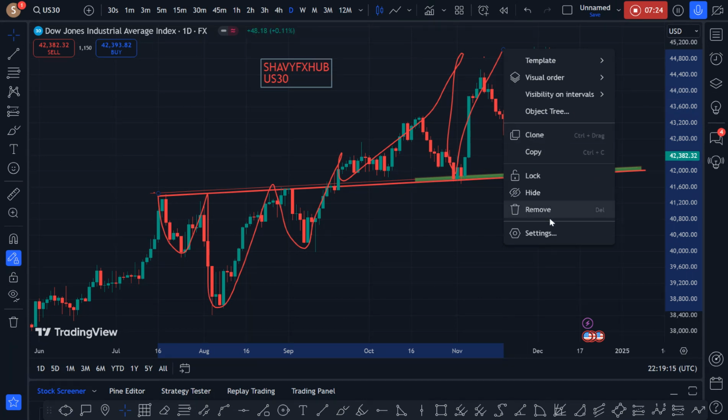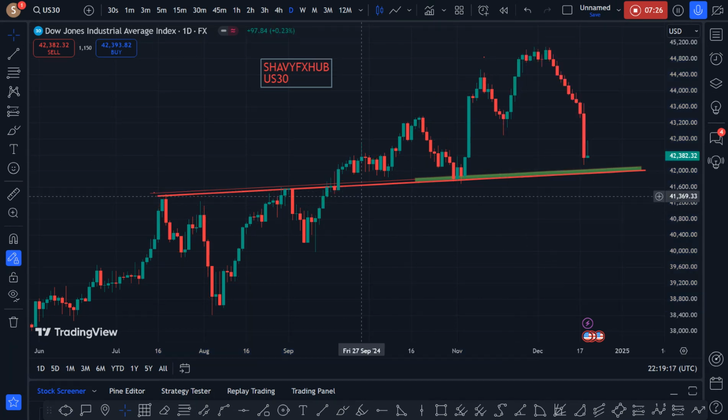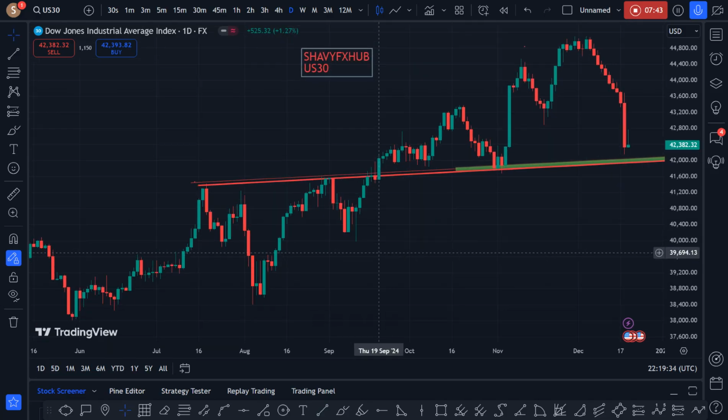So I expect price to return back into this level where we can take home some profit on buy. But we are not interested in US30, we just want to look at the structure. And we are looking for more evidence that at this level, buying will hold.